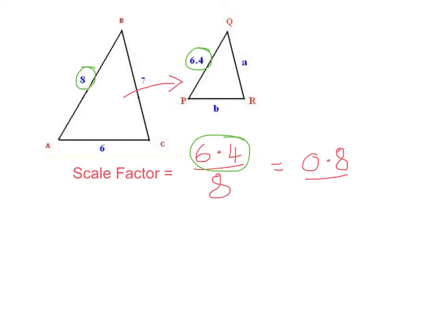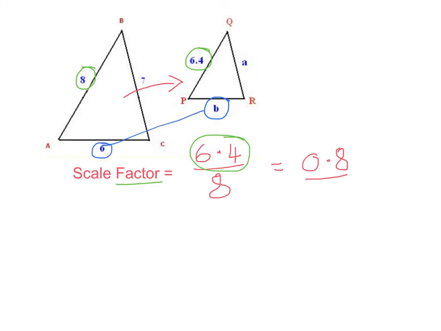So remember, a factor is a number that we multiply. So in order to find the missing sides, all we have to do is multiply the corresponding side by the scale factor. So let's say we want to find side B. So we want to find side B, and the corresponding side to B is 6.